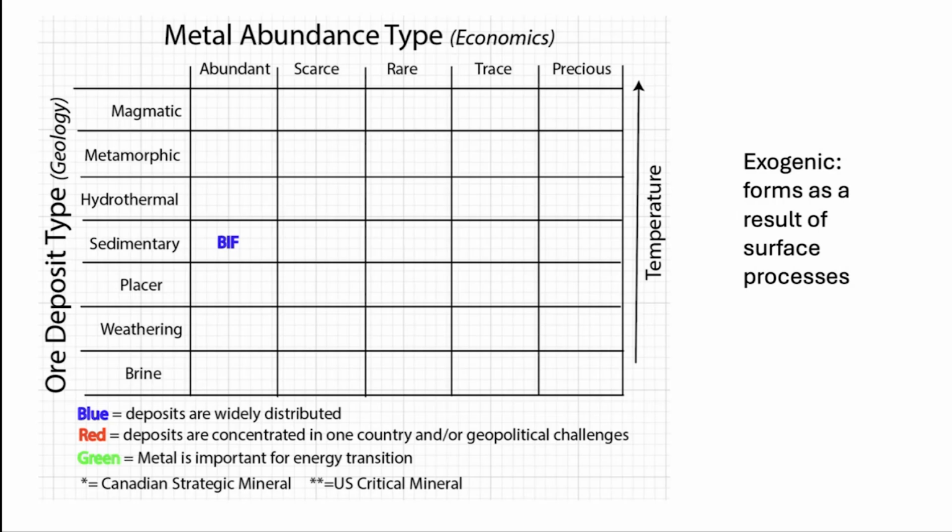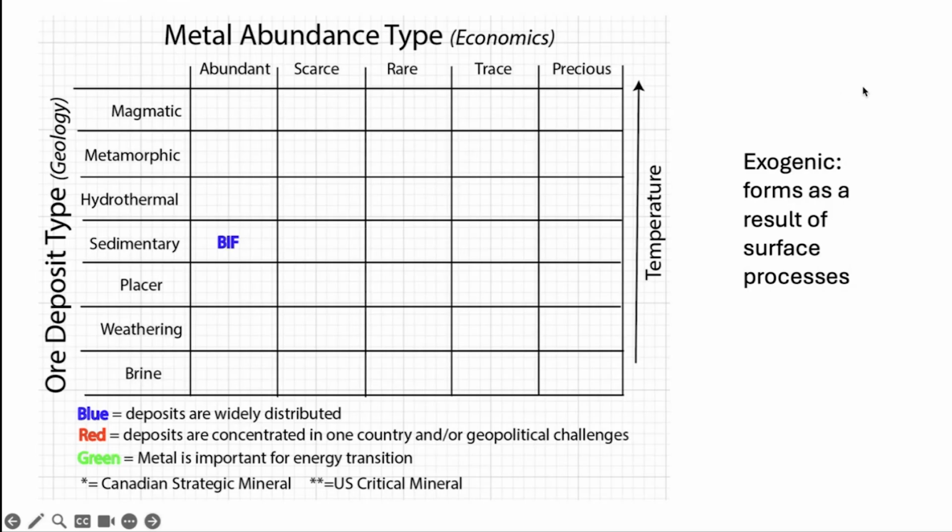But then we have things that are sedimentary, deposits like BIF, banded iron formation, and then things like placer deposits, which we'll talk about. There's deposits that form as a result of weathering. And then there are brines.